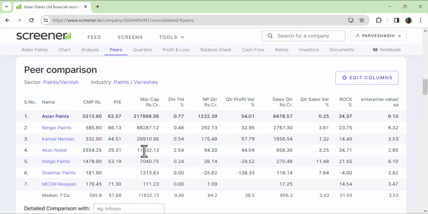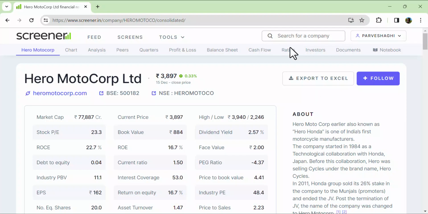Let's talk about, for example, Hindustan Unilever. Let's look at Hero MotoCorp. See, Hero MotoCorp is 23.3. It's an industry. All companies which are in the old economy, just listen to me, all companies which are in manufacturing, or in products like we're talking about, will command a lower PE ratio compared to Hindustan Unilever or Asian Paints.